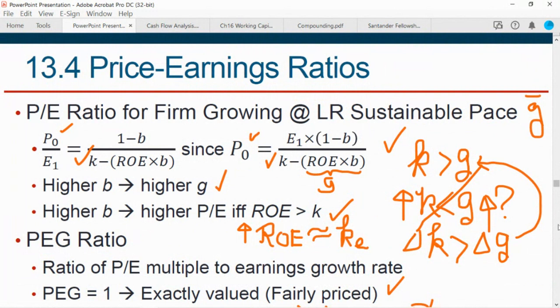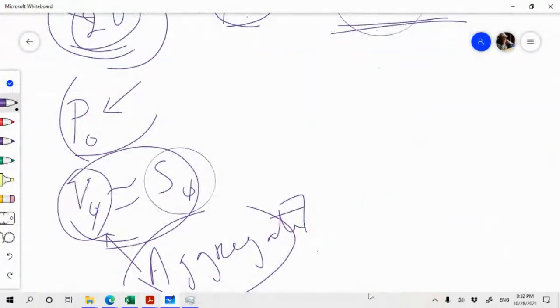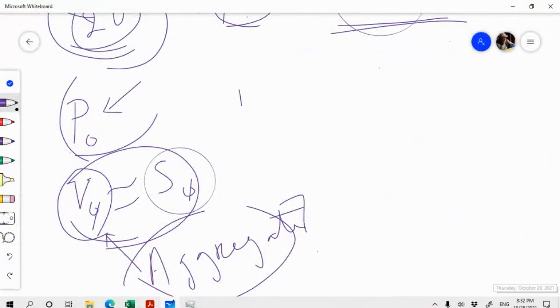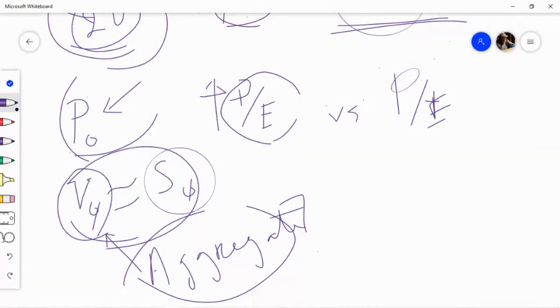This discussion was done before, so I don't want to go over that again. In other words, the proponents of high price earnings ratio and the proponents of low price earnings ratio.